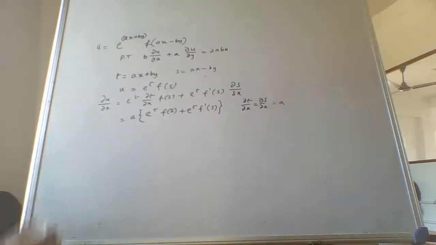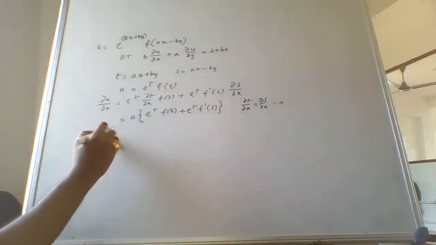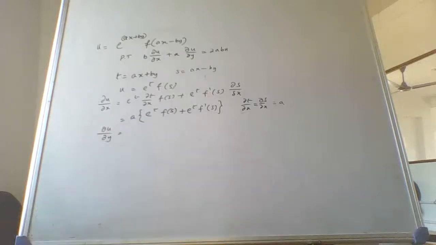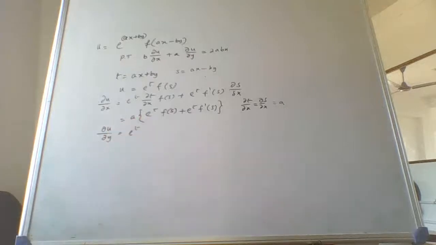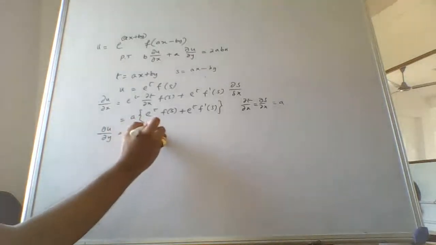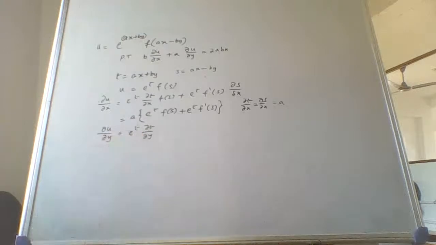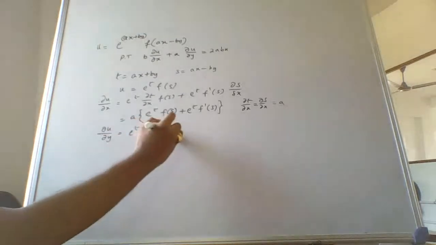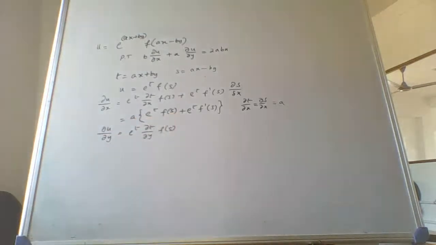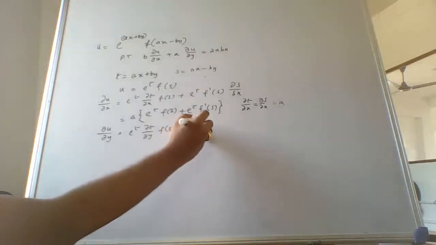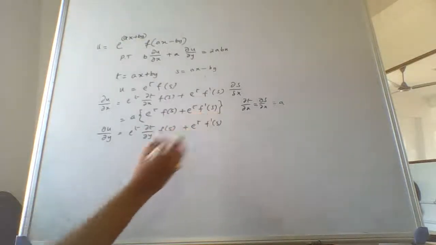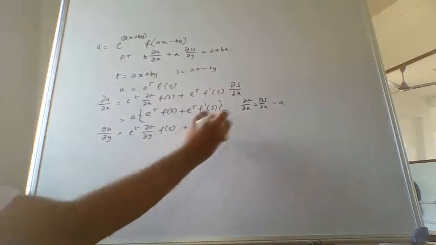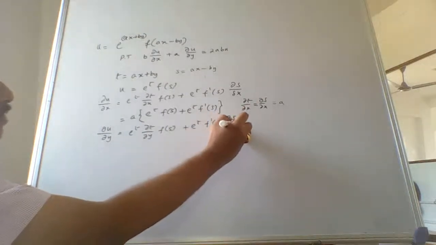Let us find dou u by dou y. Again, this is e to the power of t times dou t by dou y times f of s, plus e to the power of t f dash of s times dou s by dou y.